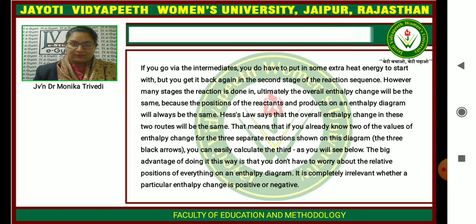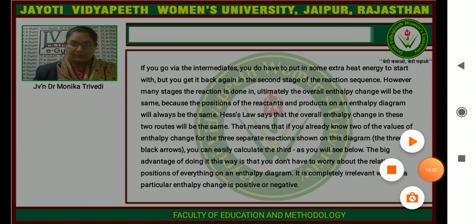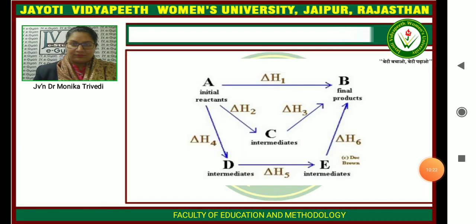So whatever path the reactant takes to convert into the product, the overall heat generated by the system is equal to the sum over all stages of the conversion. Here you can see the diagram of this.